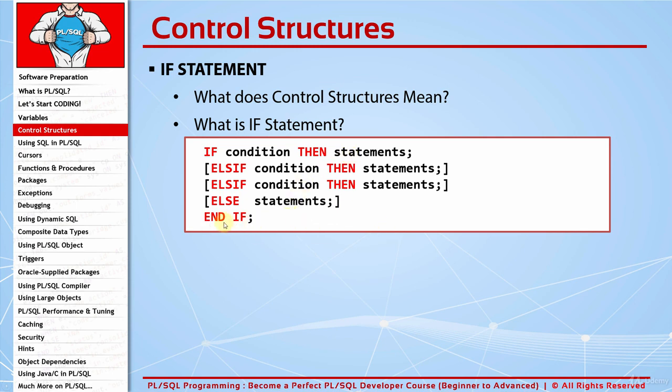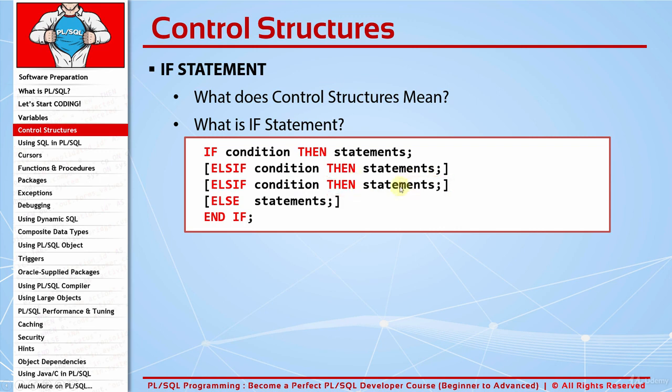If the condition after the if statement is false, then it moves to the next else if and checks this condition. If this condition is true, its statement is executed, and the if statement is terminated by going to the end if. If the first else if condition is false, it moves to the next else if condition, and if this is true, this statement is executed.